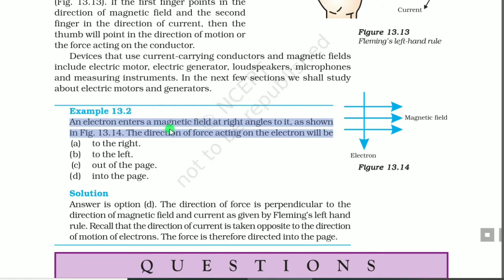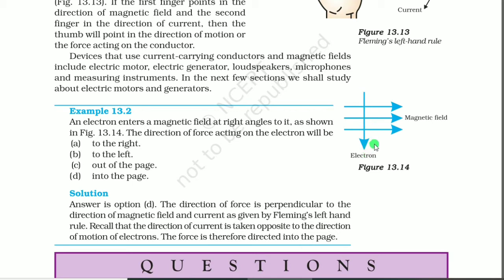An electron enters a magnetic field at right angles to it, as shown in Fig. 13.14. The direction of force acting on the electron will be. So now there are a total of 4 options: to the right, to the left, out of the page, into the page. So what is happening here? Two directions are already given. Which directions?